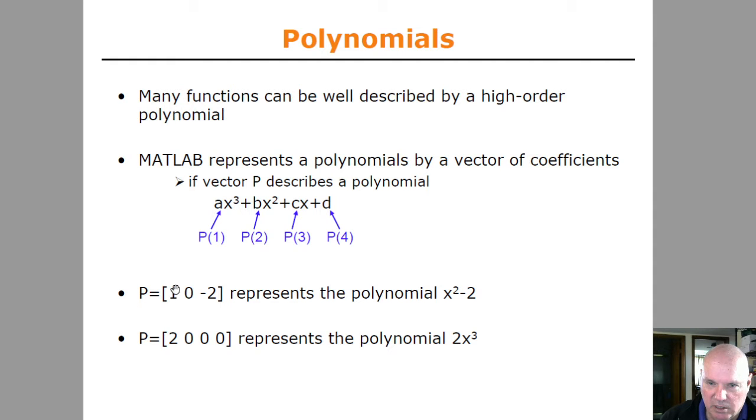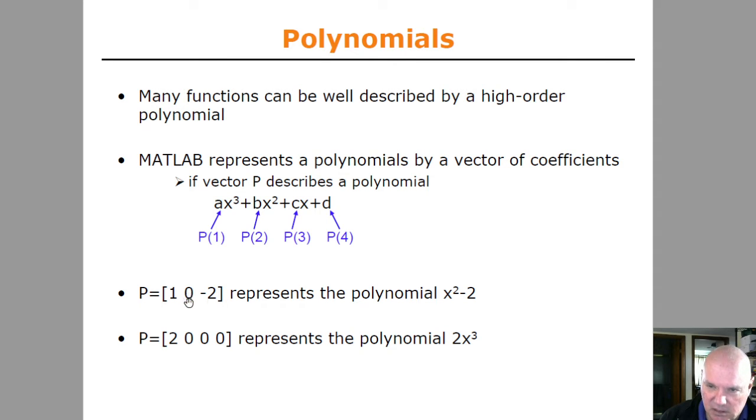This would represent the coefficient of the x squared element. So this vector of length 3 would represent a polynomial of second order. The order is always one less than the length of the vector. So it'd be x squared plus 0x minus 2, or this would be the corresponding polynomial.